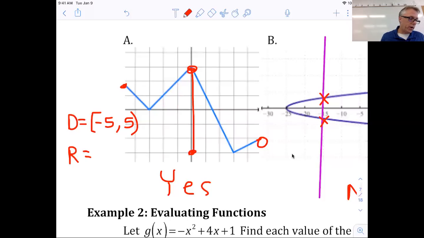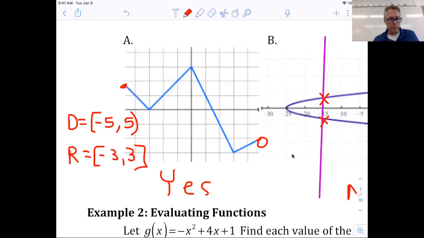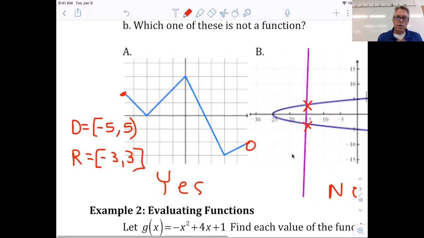And so that's the range of the function. It looks like from -3 to +3. So our range is going to be inclusive of -3 to +3 inclusive. All right, any questions on that before I move to a different picture?